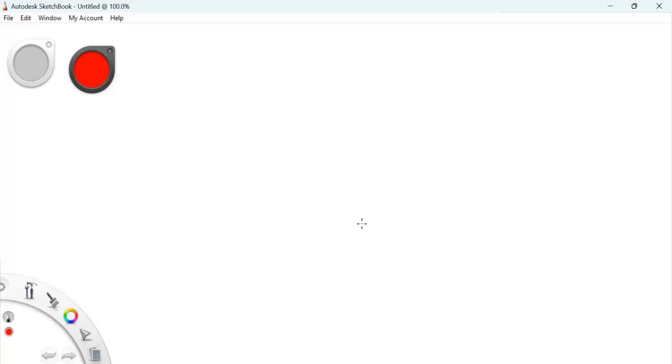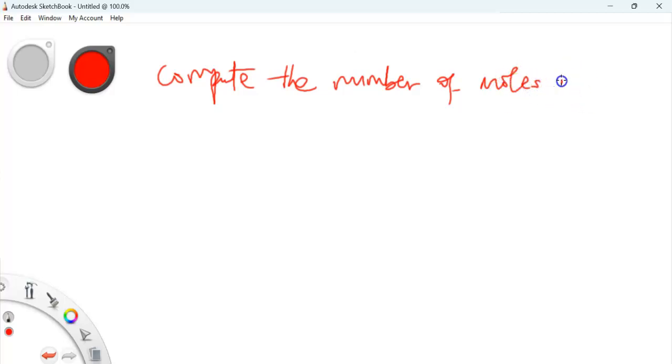How do we tackle it? Whenever you are given a question like this, let me say: compute the number of moles present in 25.0 gram of sodium chloride.